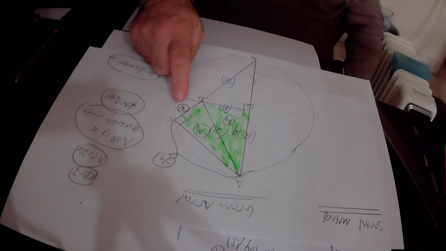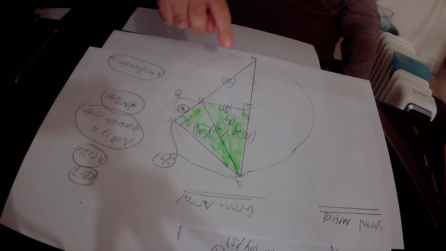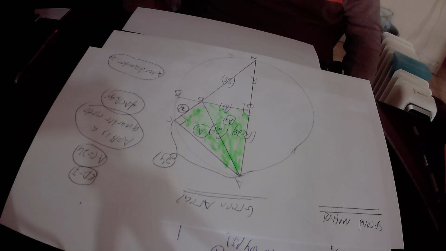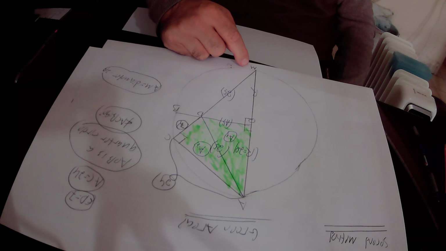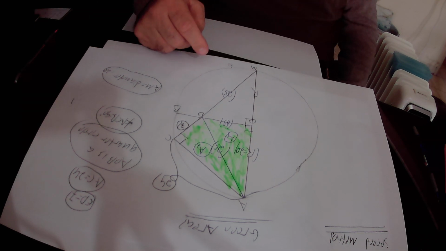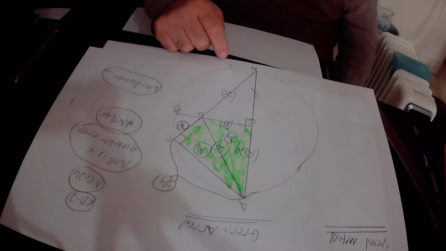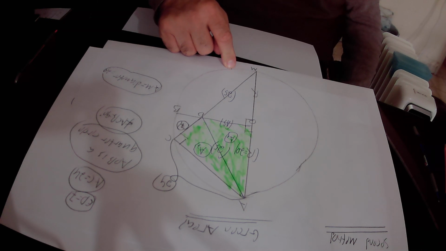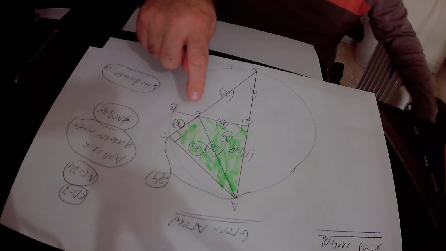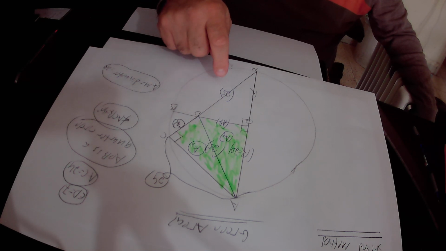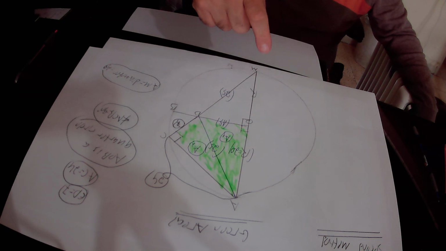Then we extended side CD by a straight line until it touches this circle. Actually, the extended CD must touch the circle at point M and not at any other point. Why? Because if we assume that the extended CD touches the circle at another point, for example point N, then it would contradict rule number 5, because we would have a peripheral angle ACN equal to 90 degrees, and still it doesn't rest on AM, the diameter of the circle.